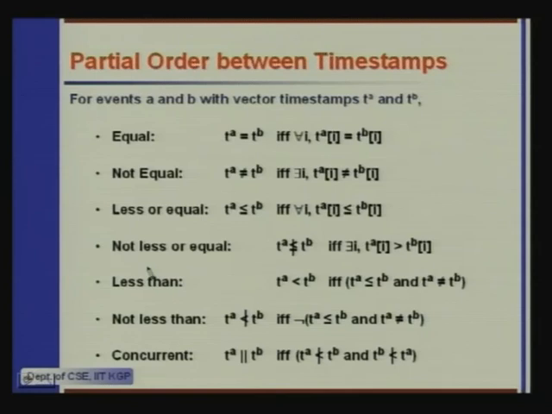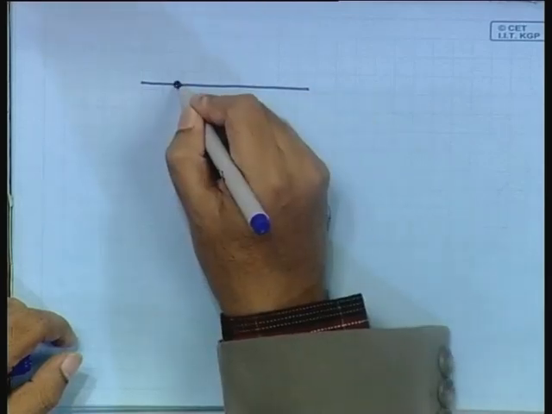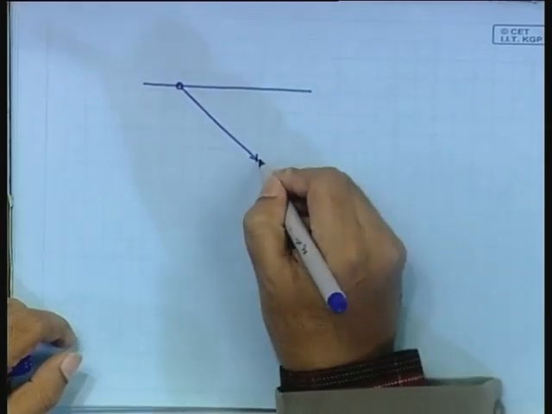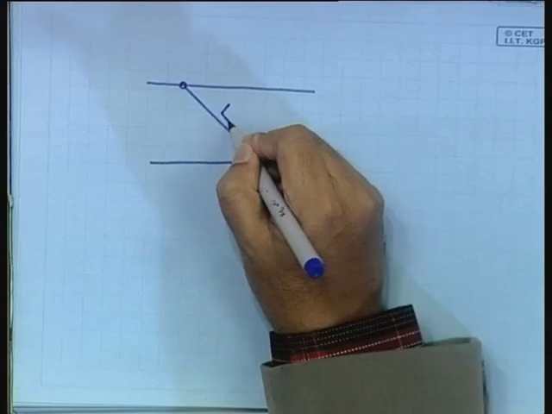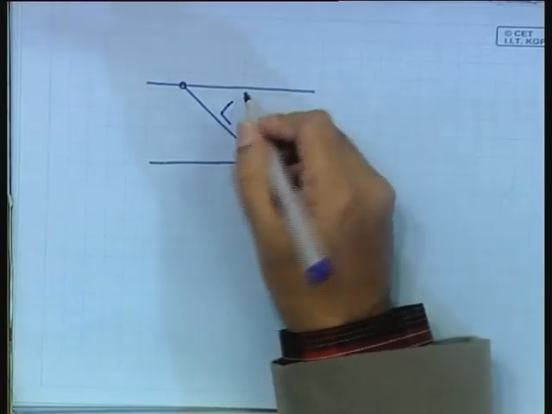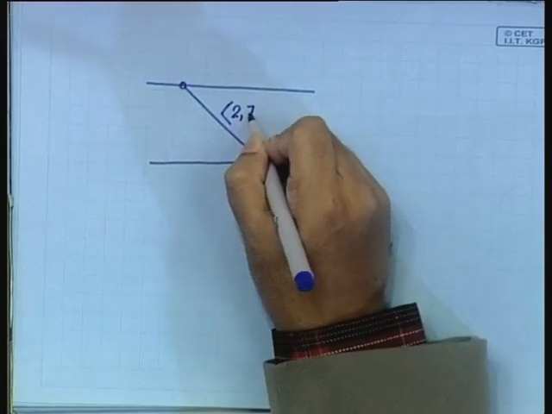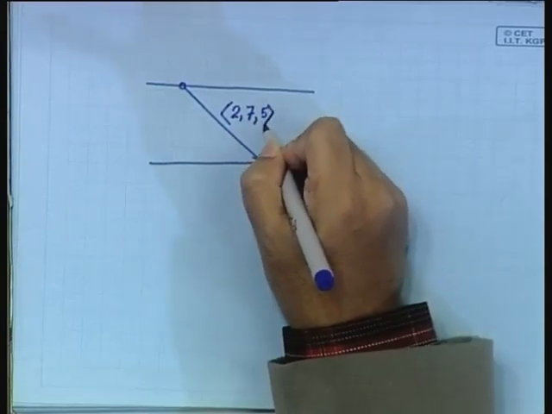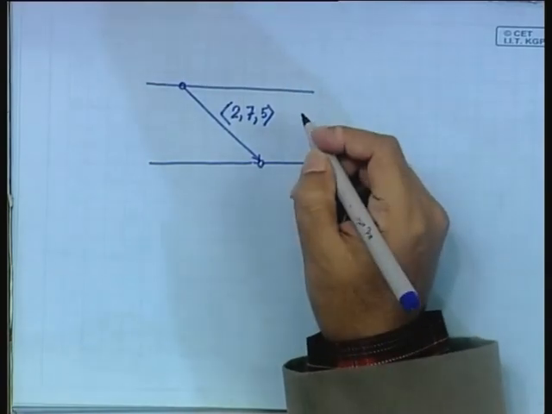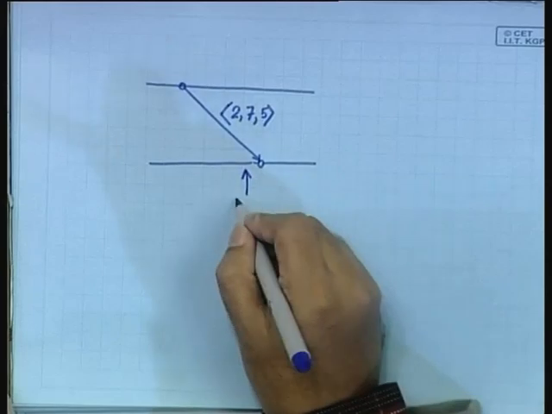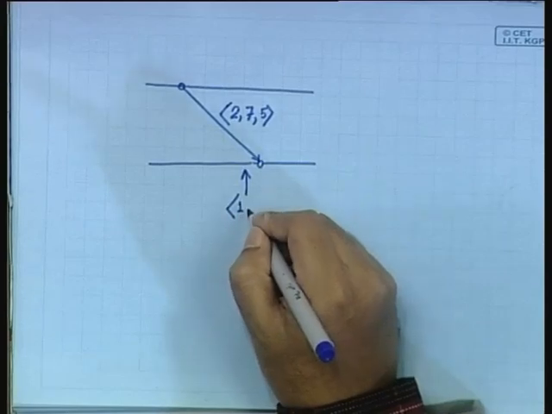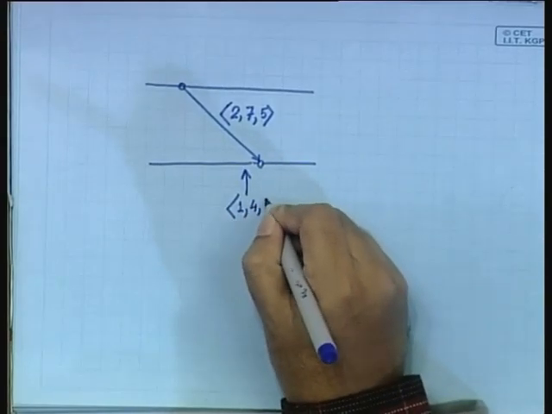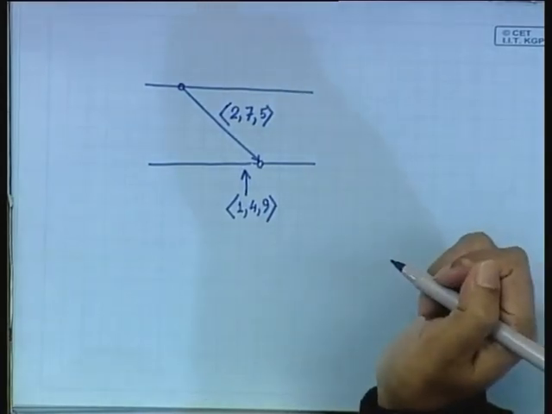Suppose the message M is time stamped with a vector, and suppose at this point the clock value was another vector.